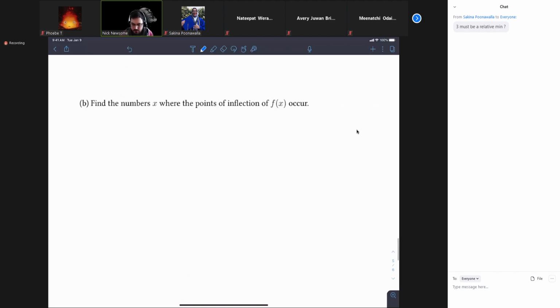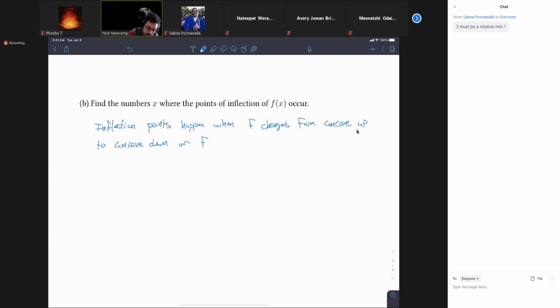Okay. And then where the points of inflection occur. We said this already, but I'll write it down again. An inflection point happens when f changes from concave up to concave down, or the other way, concave down to concave up.